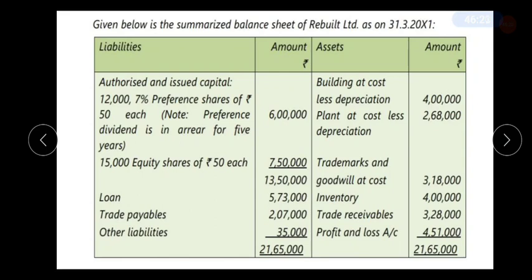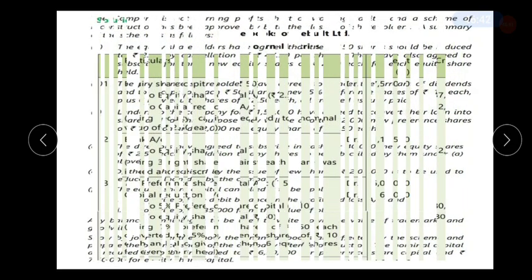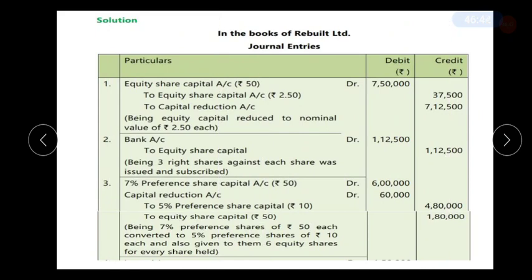Here you have cash and cash equivalents. So there is no opening balance in bank. If there is an opening balance, you need to take it. Otherwise, no opening balance. But here there are some transactions. So wherever bank is debited, you need to add it. That is a receipt. So here bank is debited. We have received from the issue of shares 1,12,500.